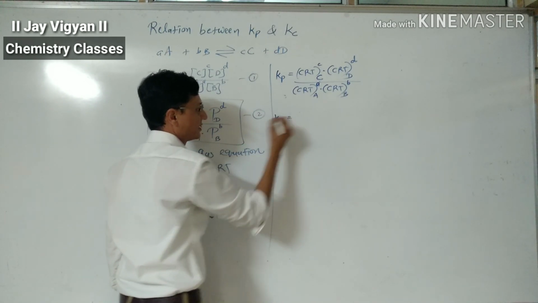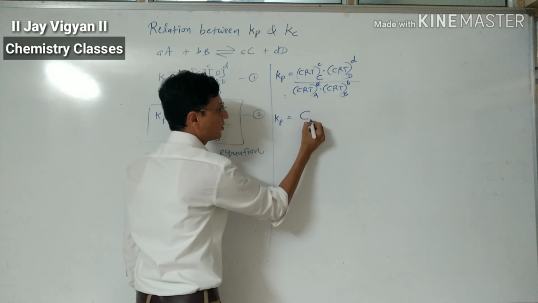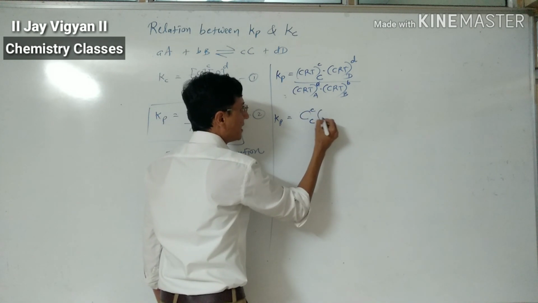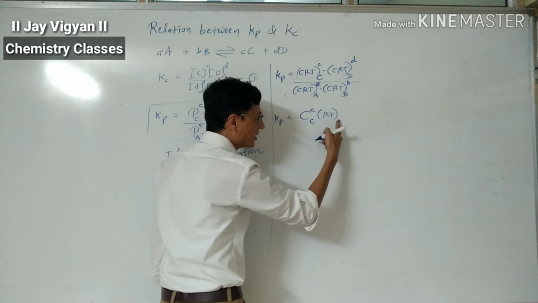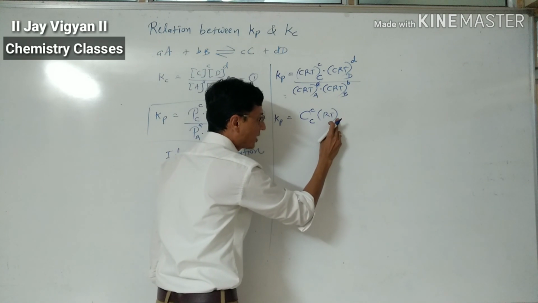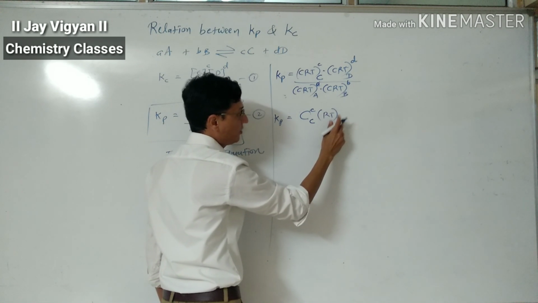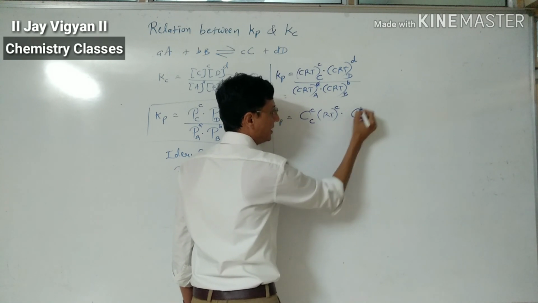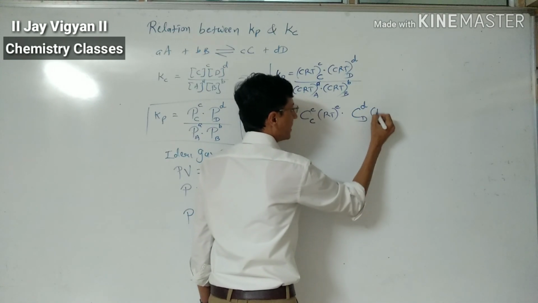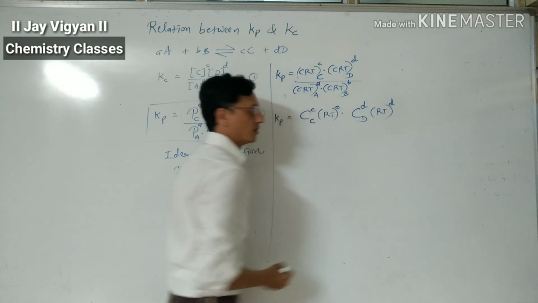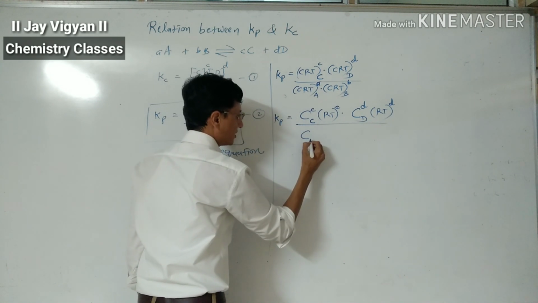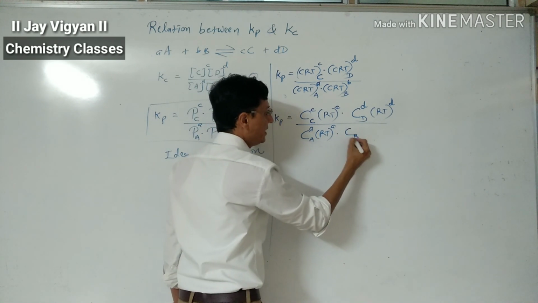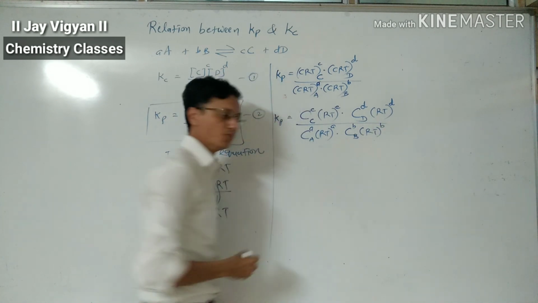So we can write Kp as concentration of product C raised to c multiplied by RT raised to c, times concentration of product D raised to d multiplied by RT raised to d, upon concentration of A raised to a multiplied by RT raised to a, and concentration of B raised to b multiplied by RT raised to b.